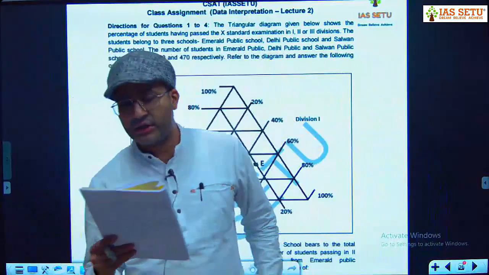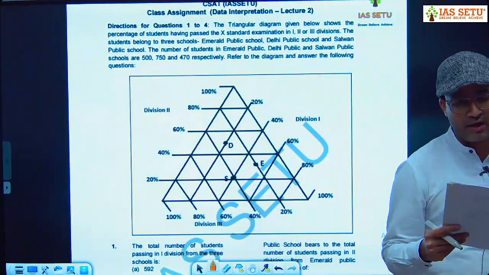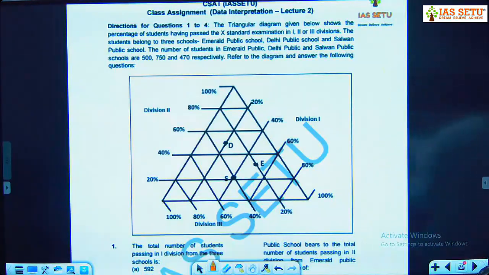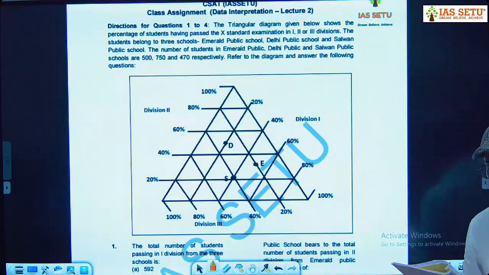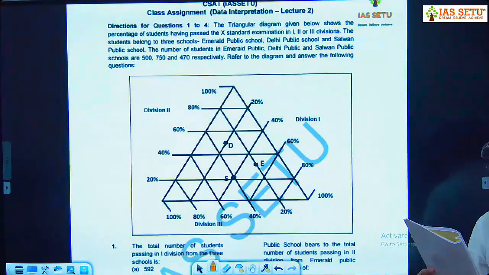The triangular diagram given below shows the percentage of students having passed the 10th standard examination in first, second and third division. The students belong to 3 schools: Emerald Public School, Delhi Public School, Salwan Public School. The number of students in Emerald Public School, Delhi Public School, Salwan Public School are 500, 750, 470 respectively. Refer to the diagram and answer the following questions.